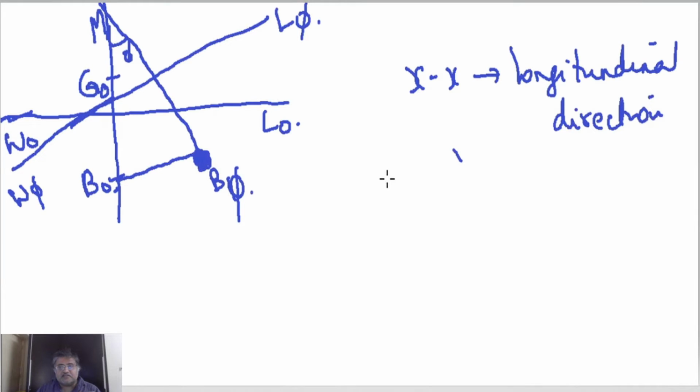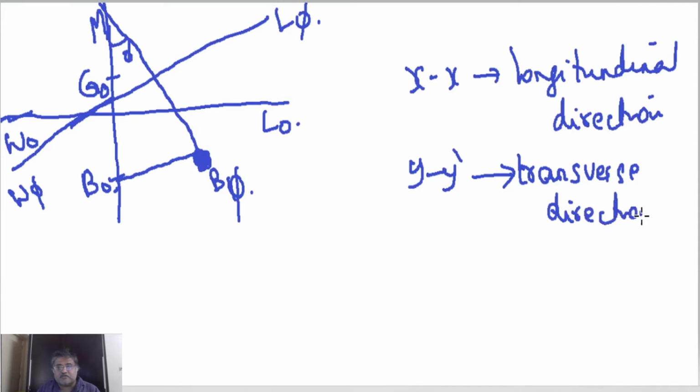And then this direction is YY, the Y direction. YY is usually called the transverse direction. We'll be mentioning these things right after this. And the ZZ direction is, as you can imagine, the vertical direction.